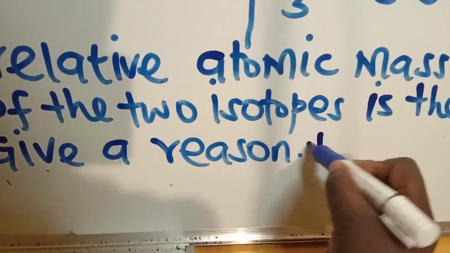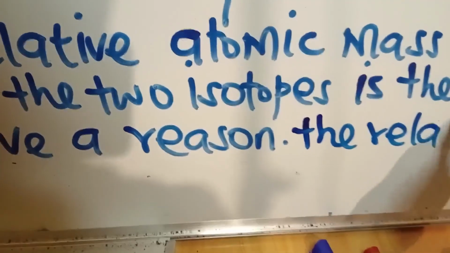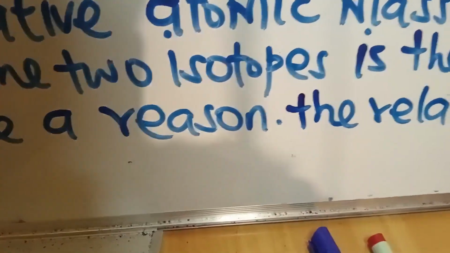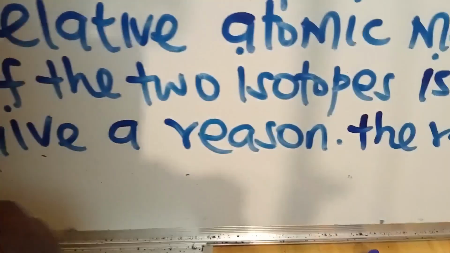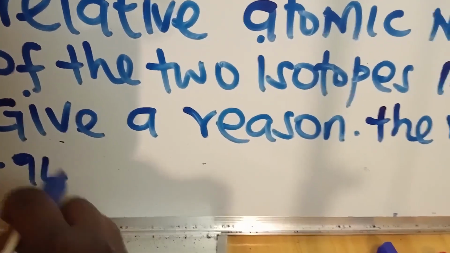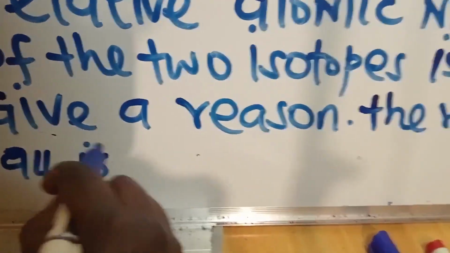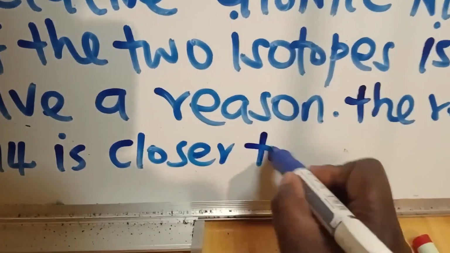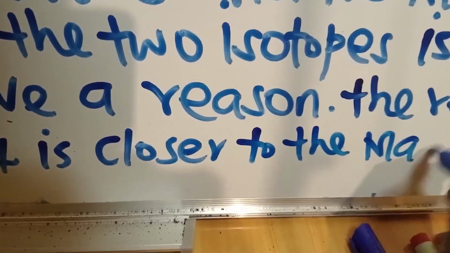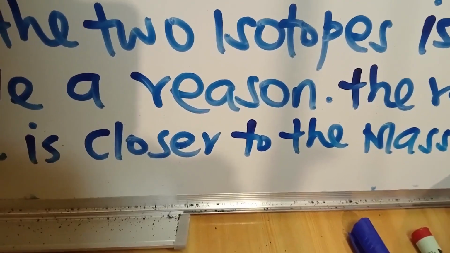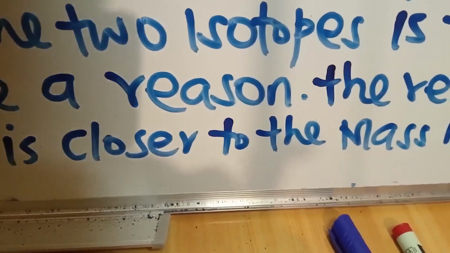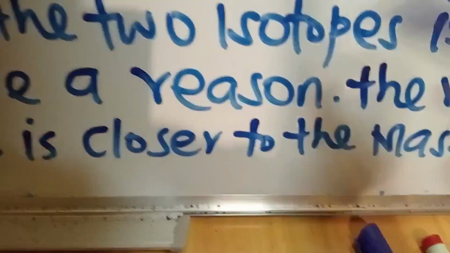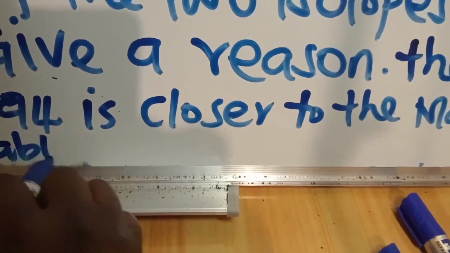The reason is that the relative atomic mass, which is 6.94, is closer to the mass number of the most abundant isotopes.